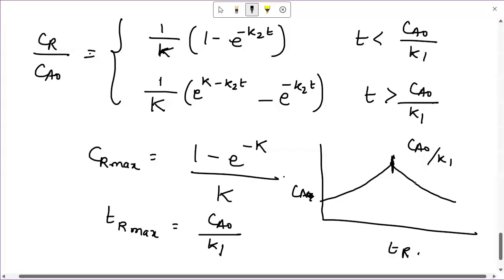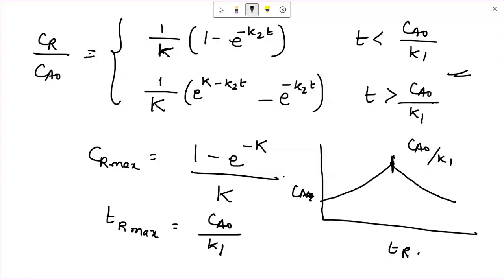So this point corresponds to Ca naught by K1, where Tr max is obtained, and below that or above that, to find the concentration of R in the system, you have to use these expressions.